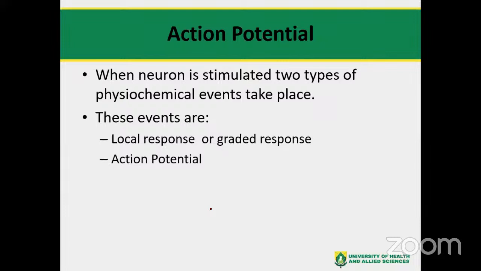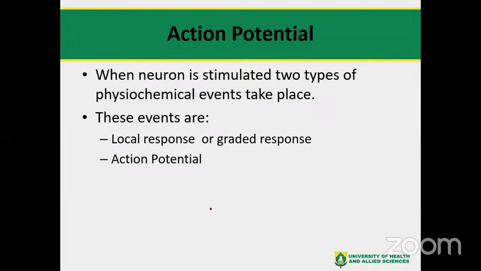So we go to when a neuron is stimulated, then what happens? Now, let's say you put your finger in fire. This fire or heat, or you touch a hot iron, the neuron will be stimulated in that way.